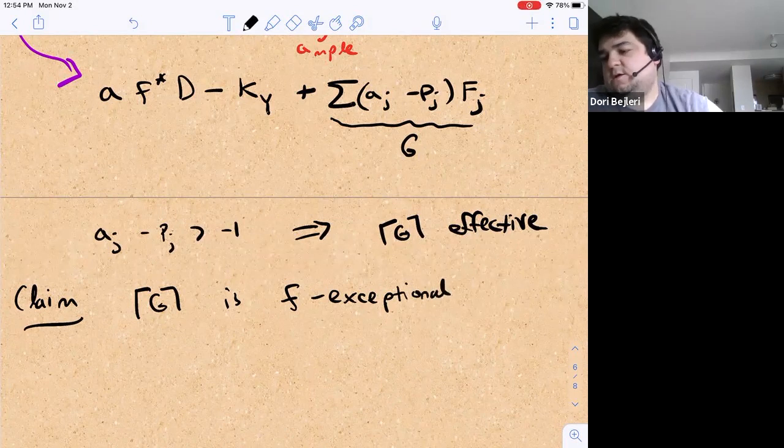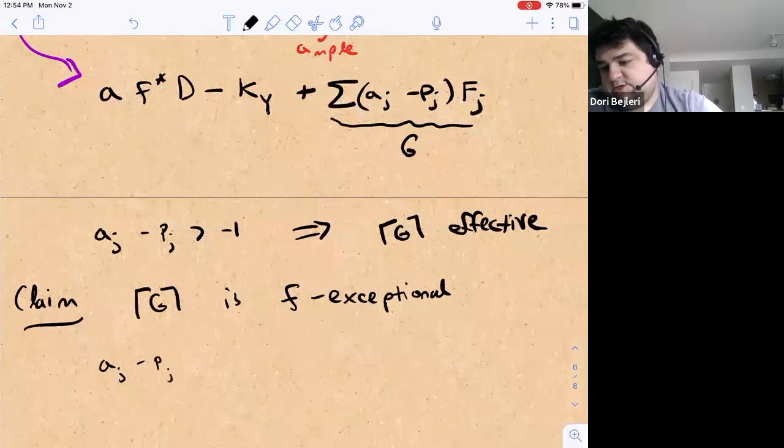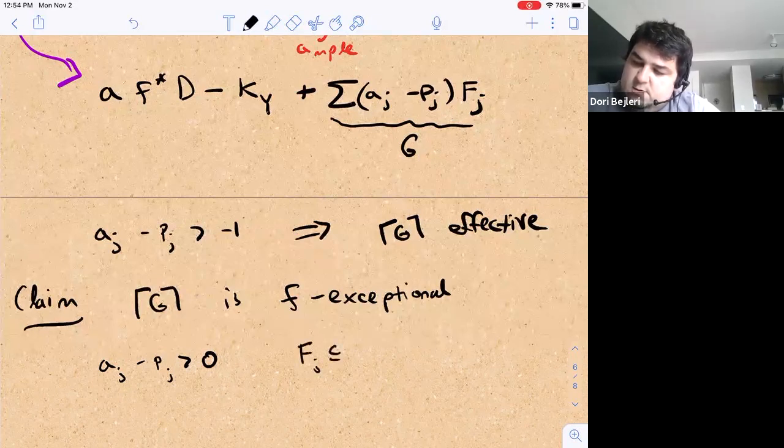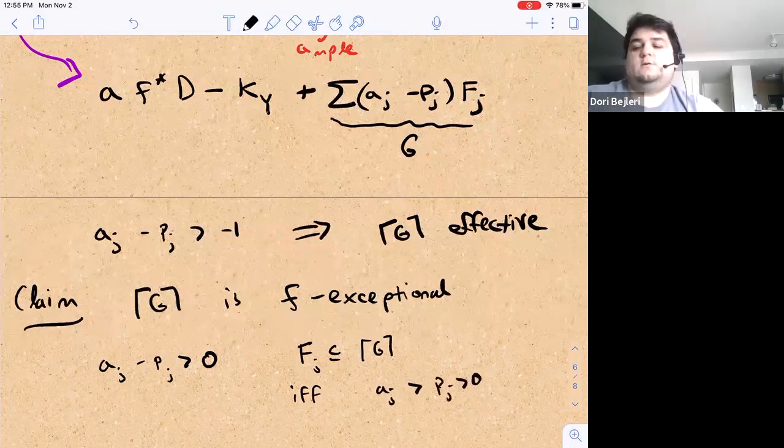So what does it mean? Which components live in this roundup? They're exactly the components where AJ minus PJ is greater than or equal to 0. I guess it's strictly greater than, because if it's 0, it's not there anyway. So the components that appear in this roundup are there if and only if this AJ is positive, but AJ was the log discrepancy.